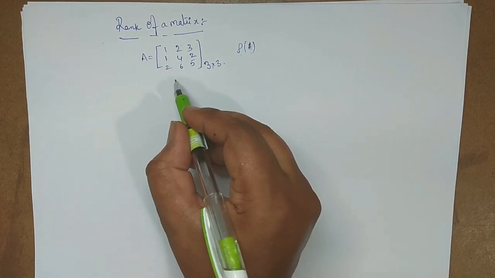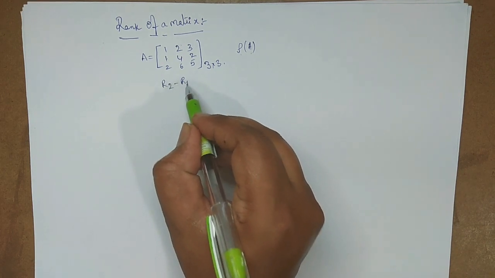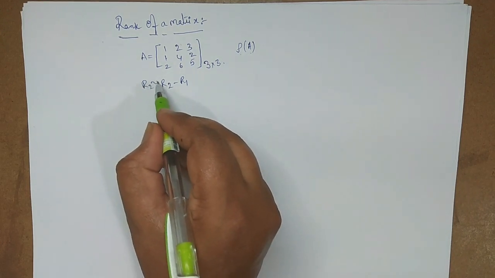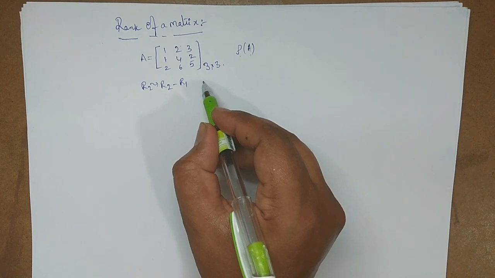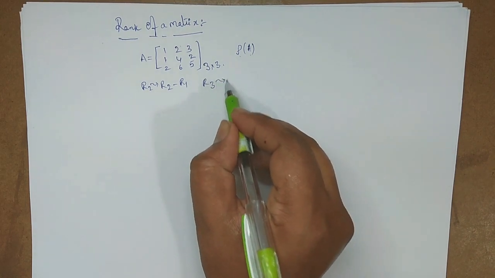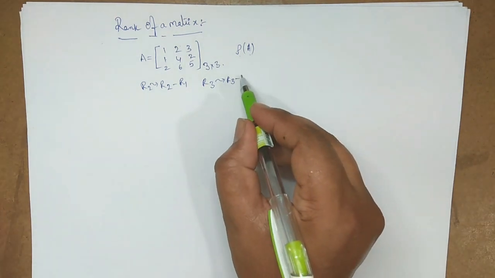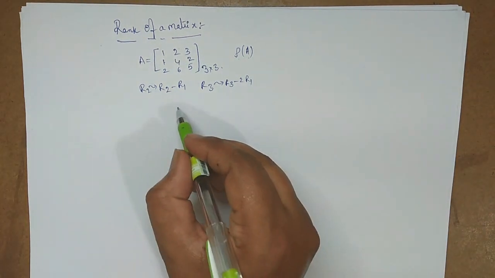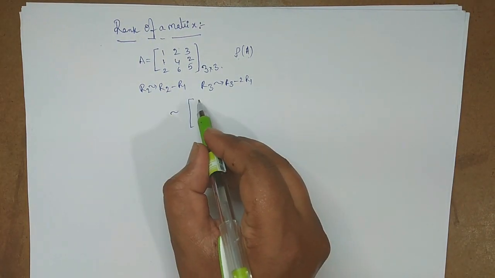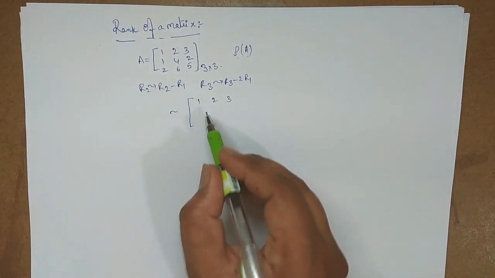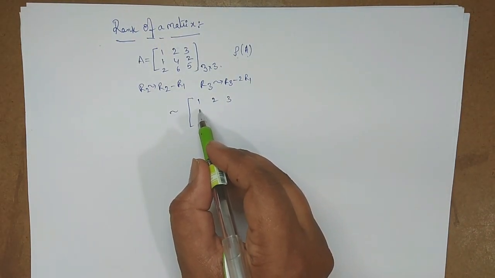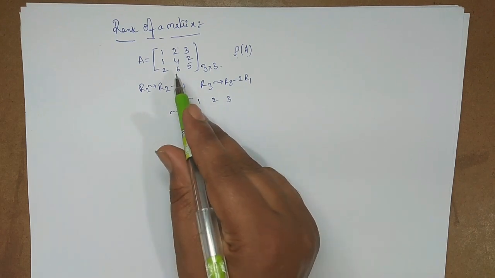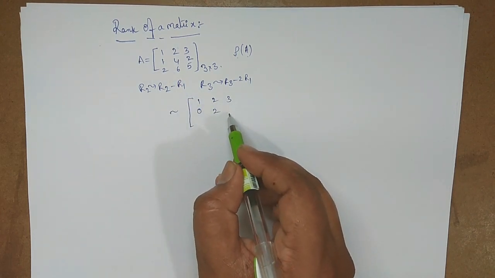See here, R2 gives rise to R2 minus R1, and also R3 gives rise to R3 minus 2R1. The resultant matrix will be: R1 remains as it is, 1, 2, 3, and the second row will come as 1 minus 1, that is 0, 4 minus 2, that is 2, and 2 minus 3, that is minus 1.